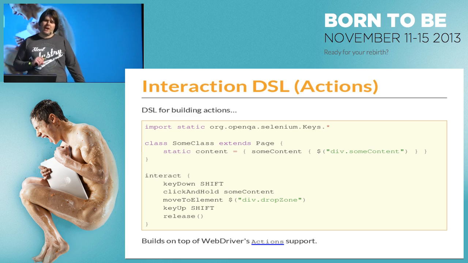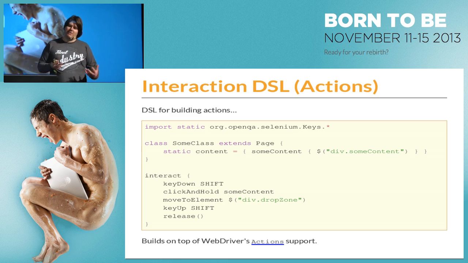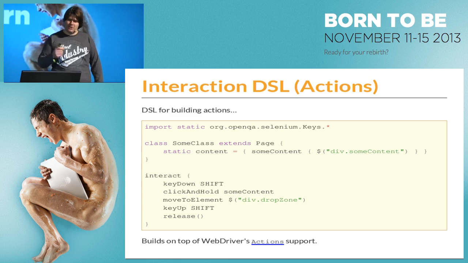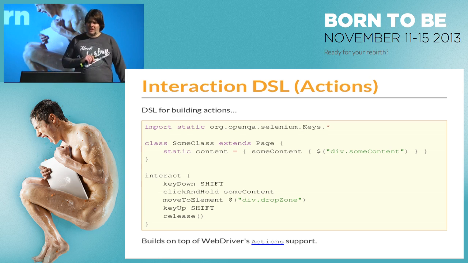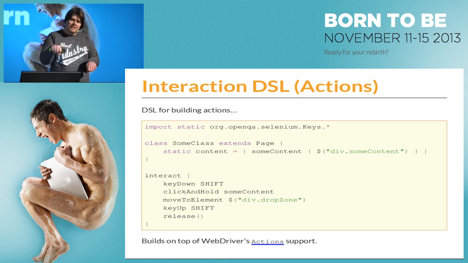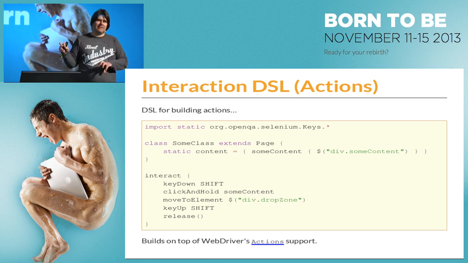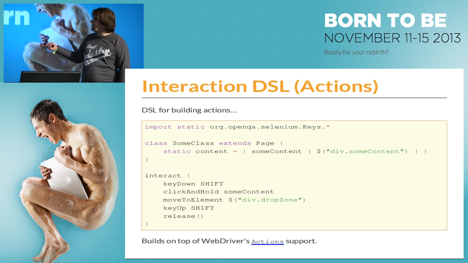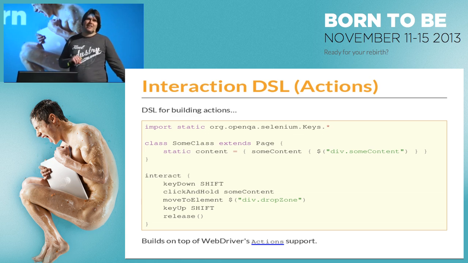And there's another way to have advanced interactions, and that's based on WebDriver. So here we have a page class with a div, and now we want to click and hold the div, drag it to somewhere else, while we keep the shift key pressed, and finally release the mouse button. This kind of advanced mouse interaction. And Geb provides the interact block, and under the hood, that's using the WebDriver APIs to do this advanced interaction with your web page.